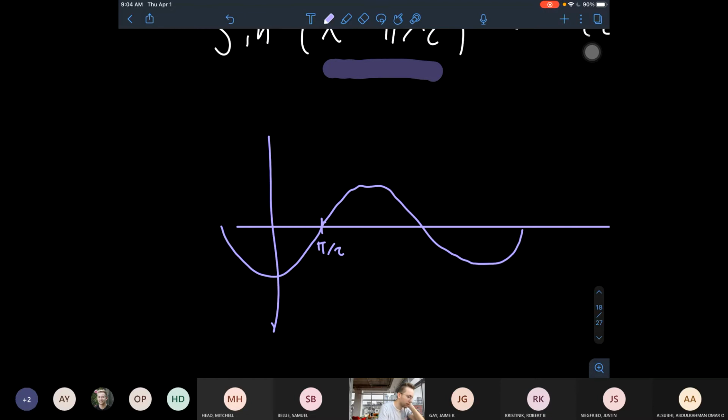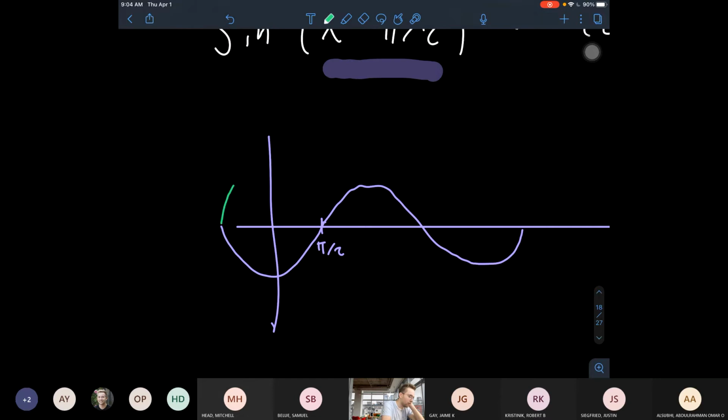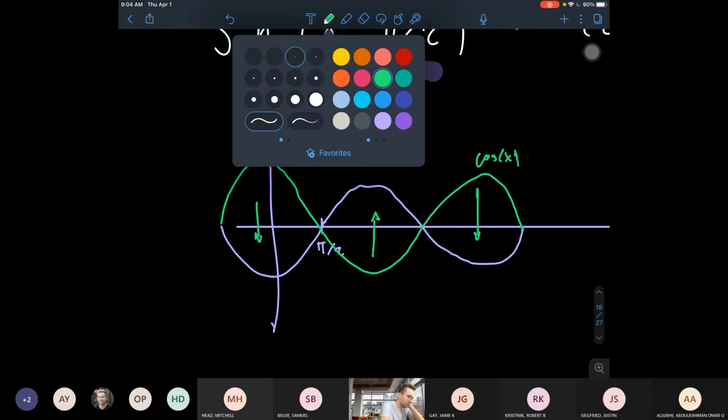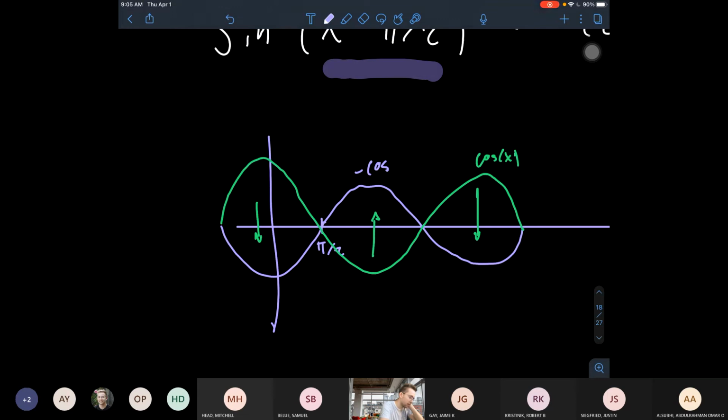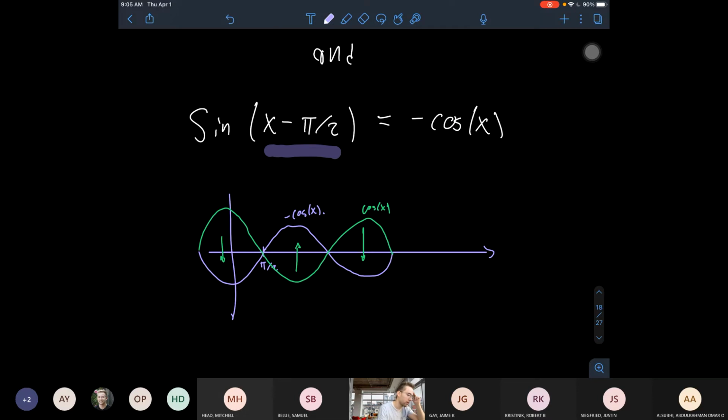This doesn't quite look like a cosine function, but it looks like a cosine function if I were to reflect it about the x-axis. If I were to reflect cosine, then the graph of this thing would be the graph of negative cosine of x. So if we phase shift sine to the right by pi over 2 units, we get something which looks like a reflected cosine graph.